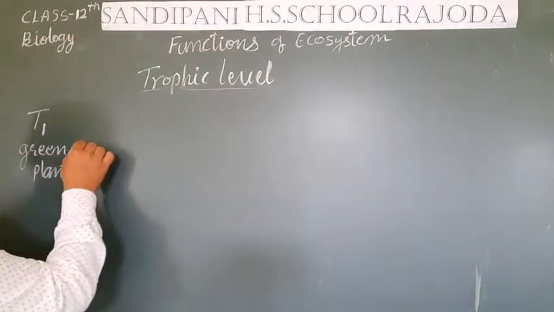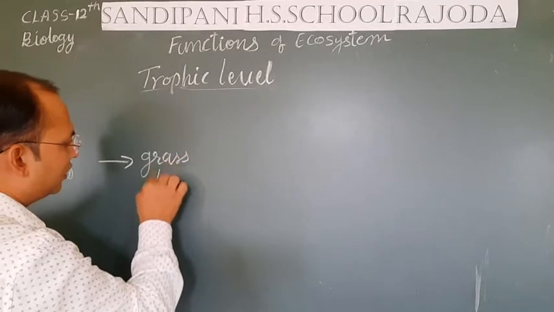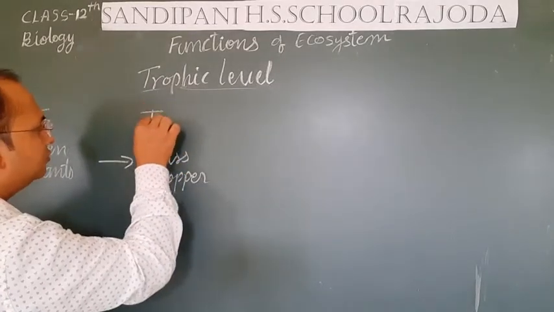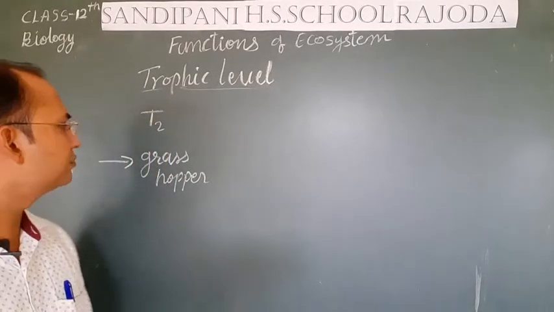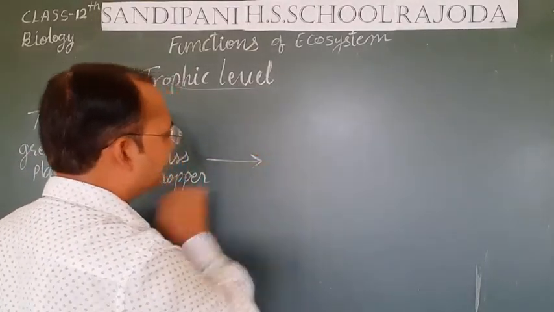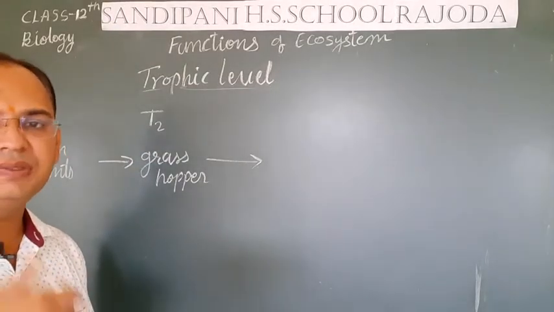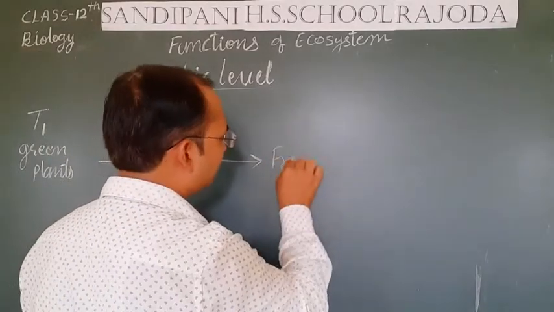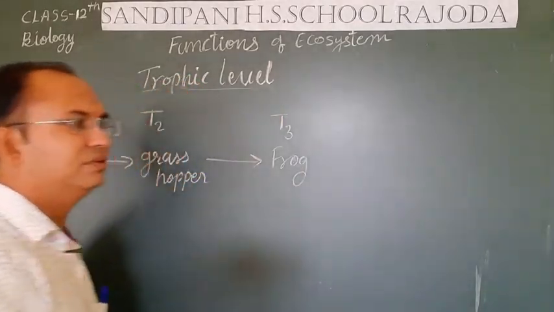If we take one example of the grasshopper, or we can say insects, they belong to second trophic level. Now this grasshopper or the insect can be eaten by the frog, which belongs to third trophic level.